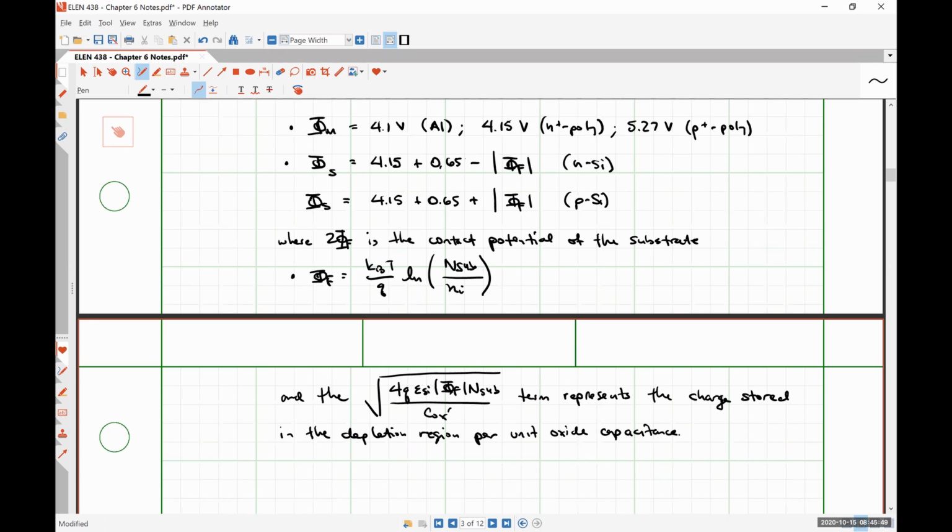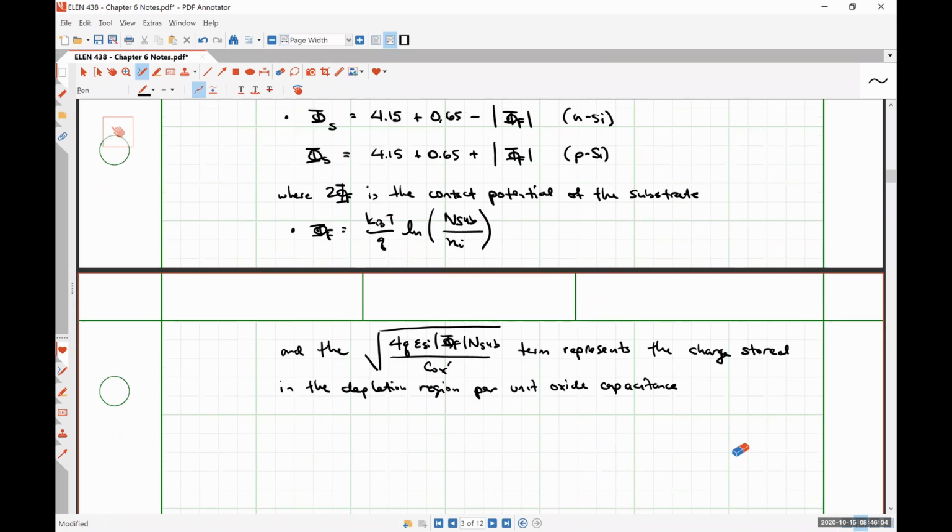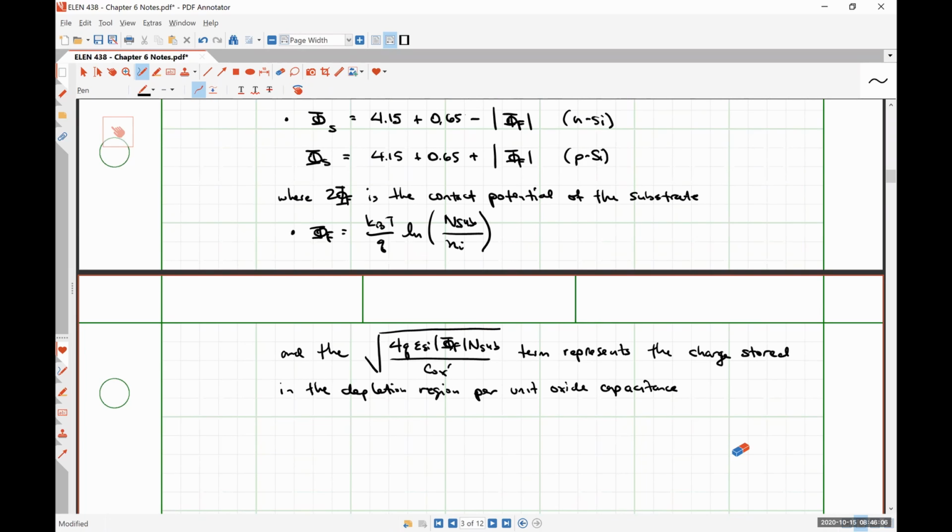So using simply the good old relationship that C is equal to Q over V, well, Q over C must be equal to V then. So this is just another voltage. So that's why they're all measurements of potential, and they define our threshold voltage.